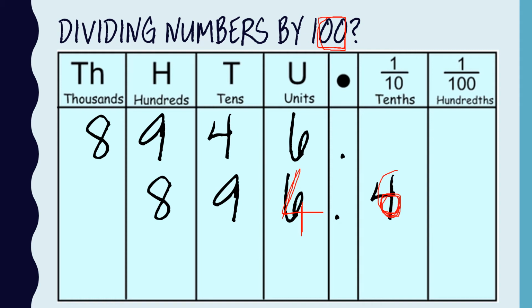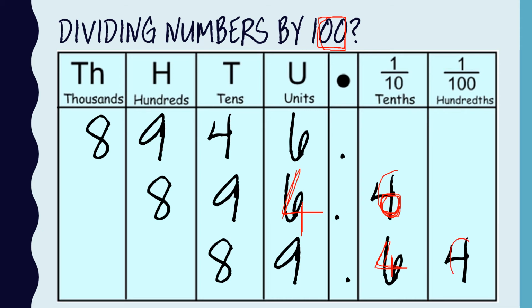So, 894.6. So I'm reckoning probably I've got them in the wrong order again on the next question, but we'll see. Yep. Slap of the wrist again, but it's moved another place to the right, and it should be 89.46. 89.46 is our final answer.